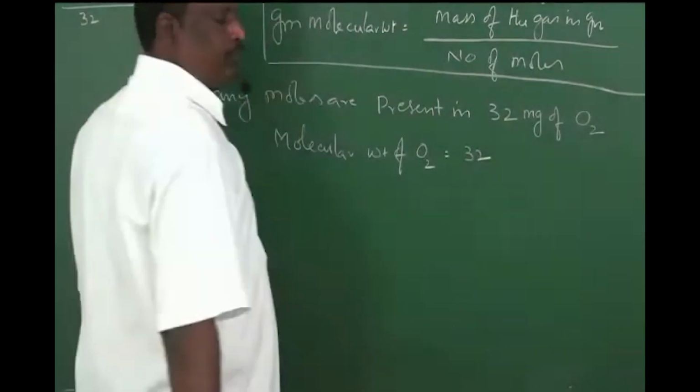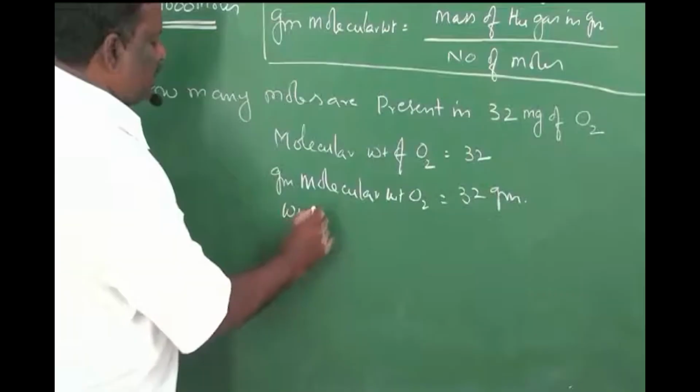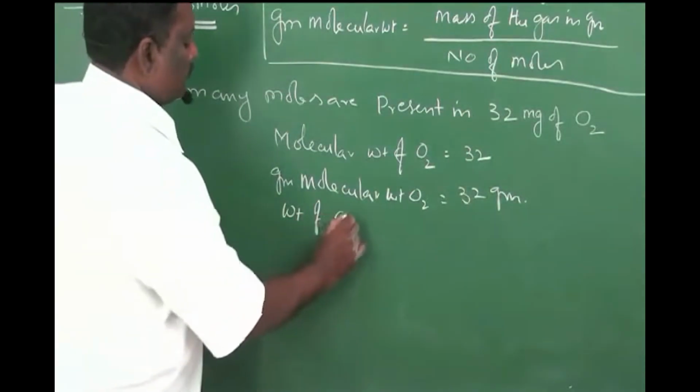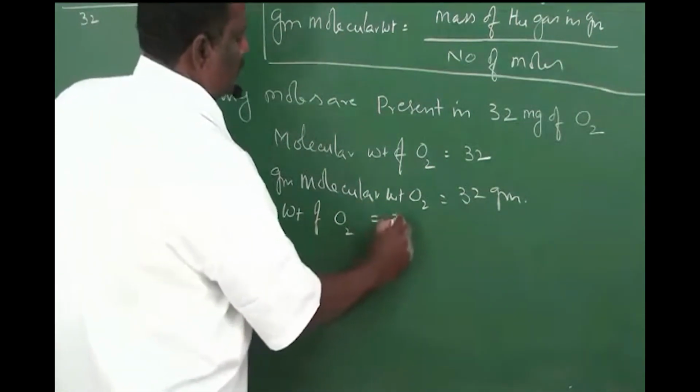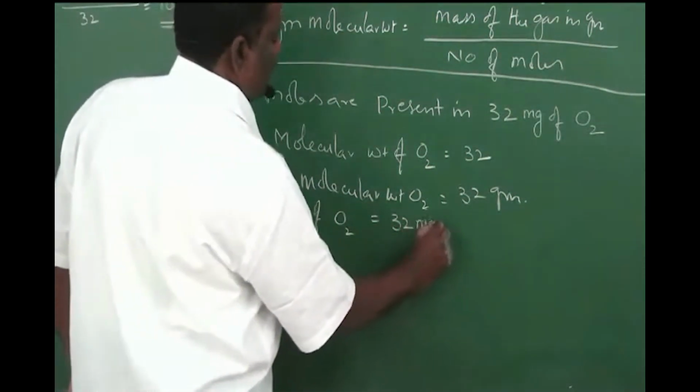Then gram molecular weight is equal to 32 grams. Then weight of oxygen is 32 milligrams.